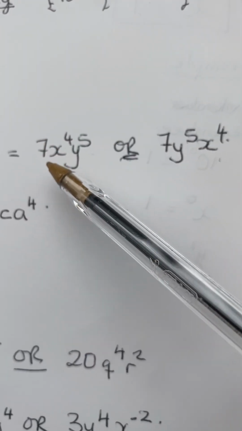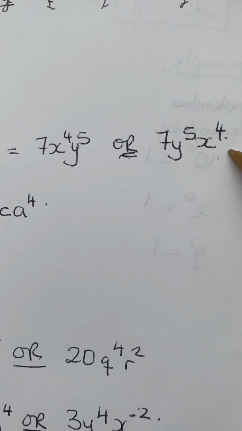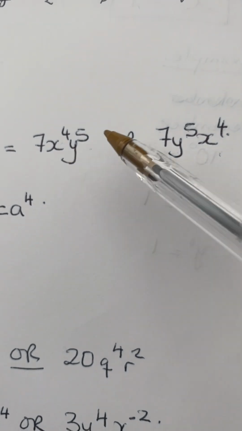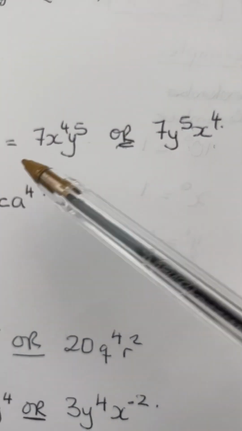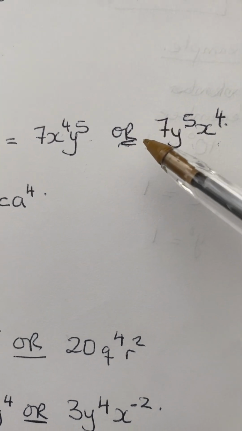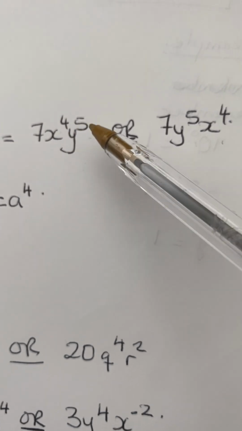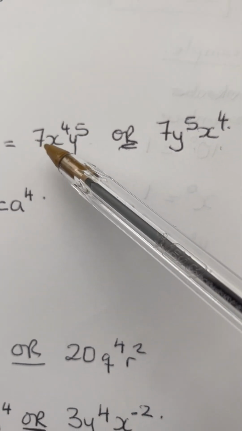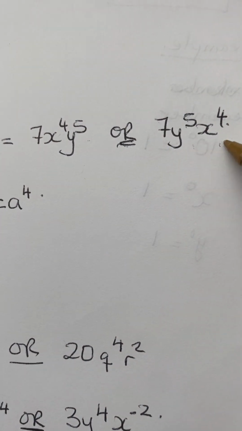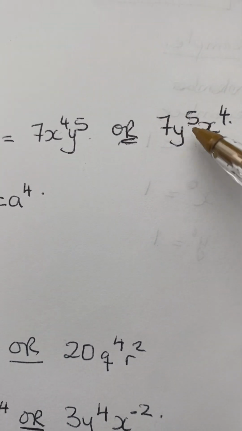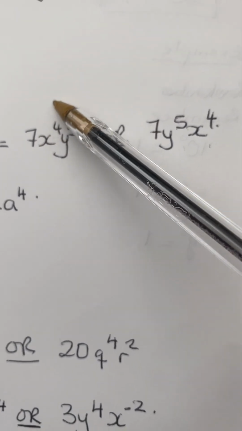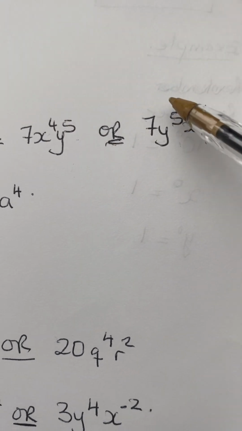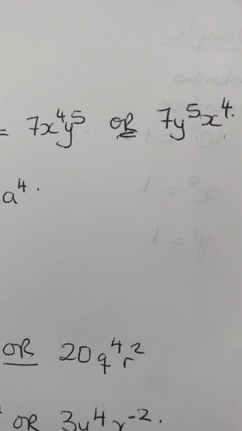The x^4 is x^4 here, y^5 is still y^5 here. So you can swap them, it's fine. Don't swap the powers though. Make sure your x^4 is x^4, y^5 is y^5. Here is like 6 times 5 equals 5 times 6.